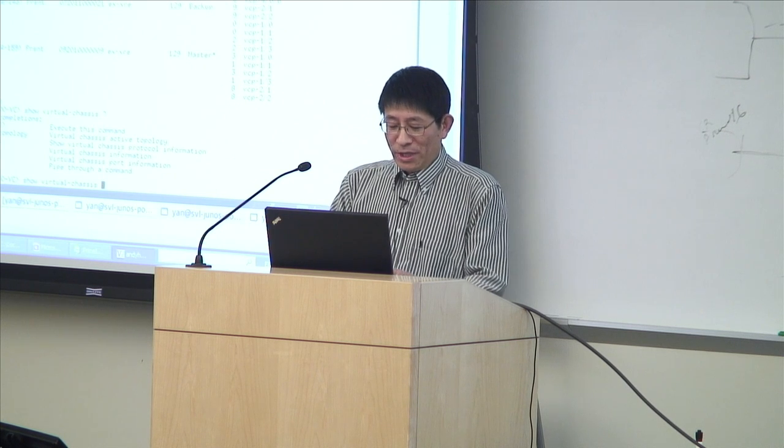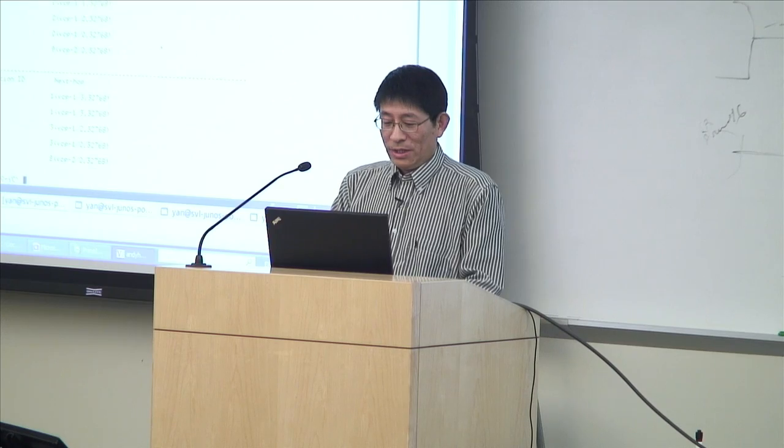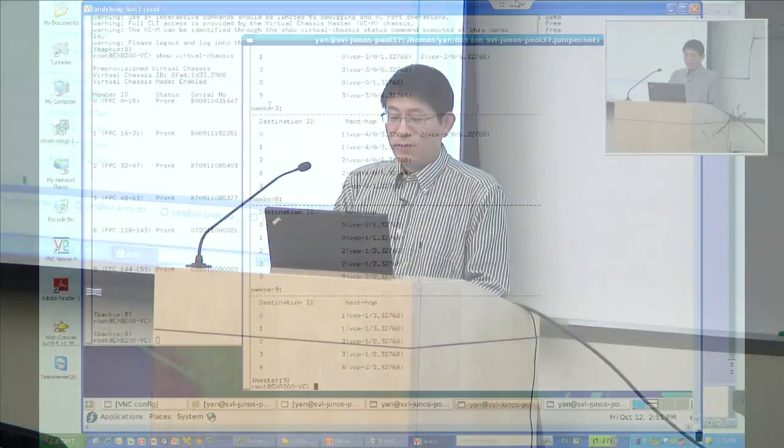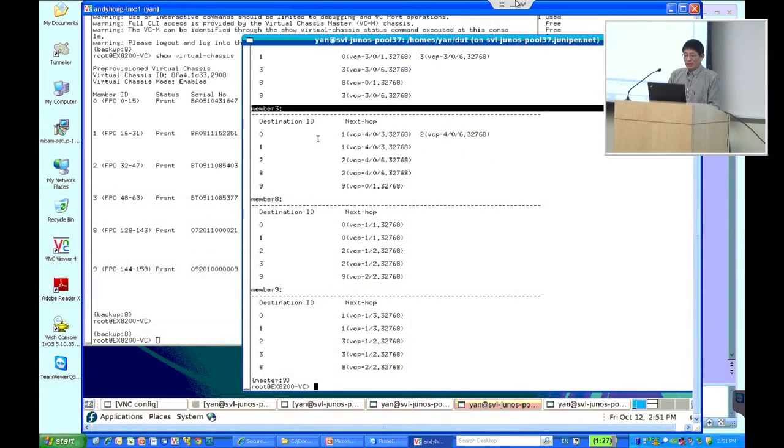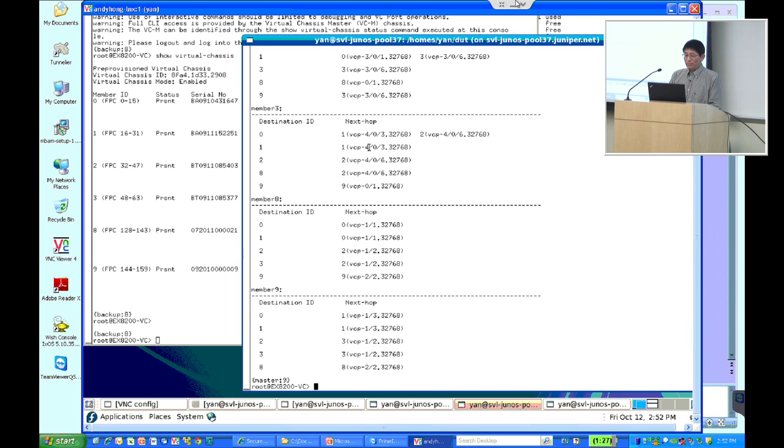And then you can actually show the active topology of the network. You can see, from number 3, and these are the destinations, 8 and 9 are the two control REs, the control plane entities. The path to other members of the virtual chassis, you can see over here.